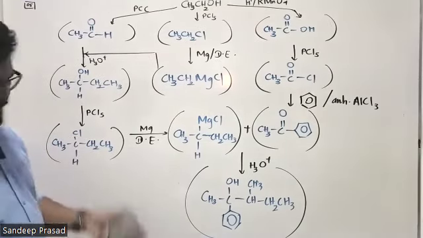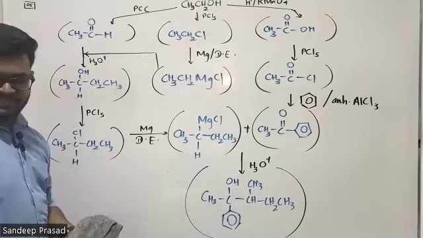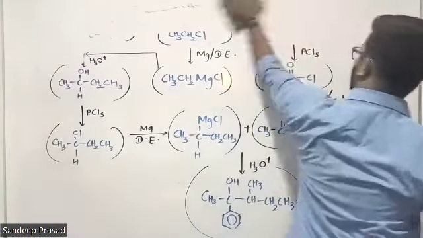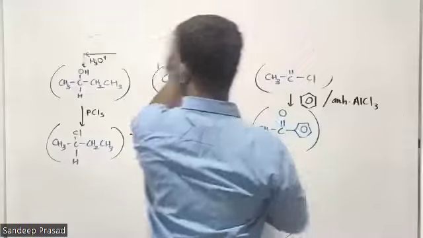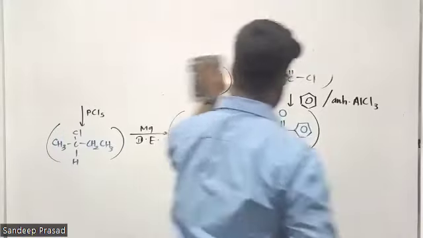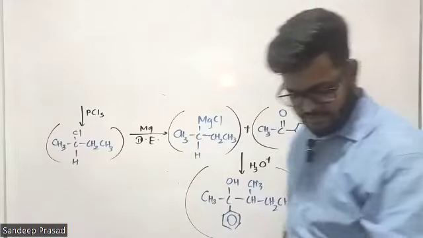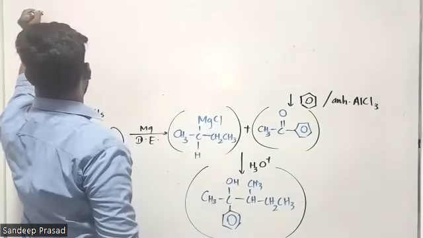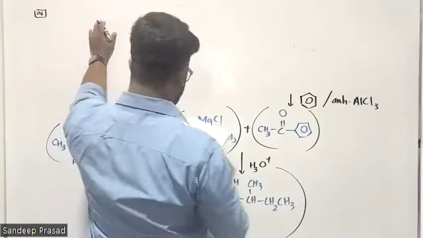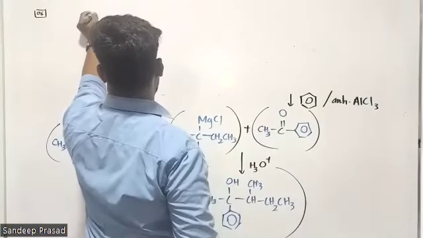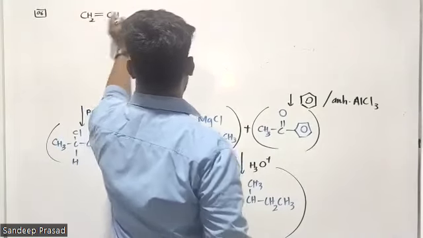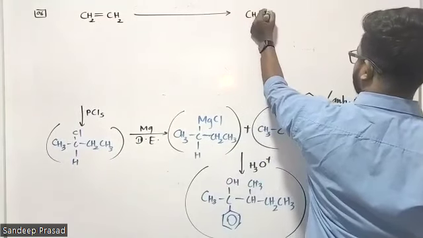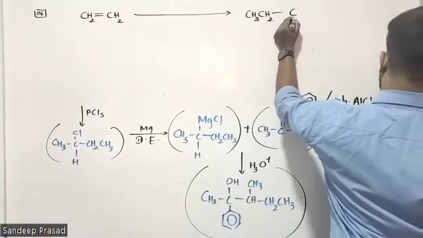Right, okay. Let's move to conversion number 6. You have to do this conversion in not more than 6 steps. Now it's a chance to evaluate yourself, whether you can remember the organic reactions you have learned up to now.